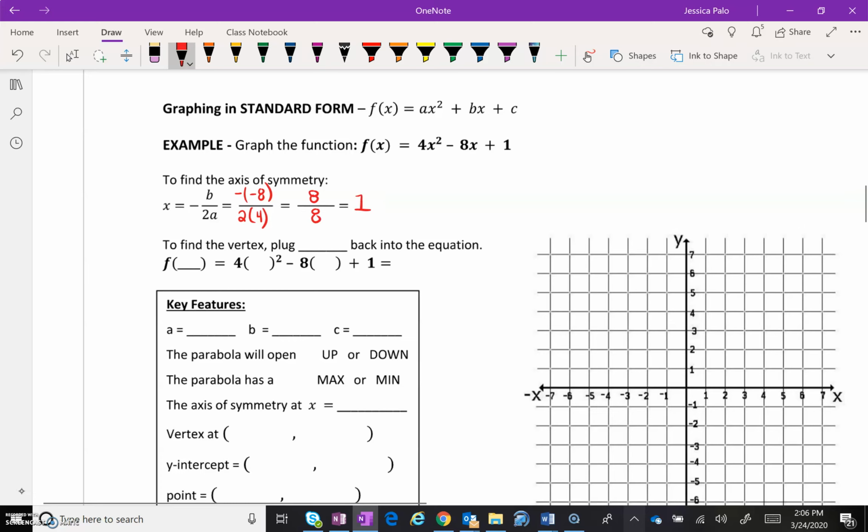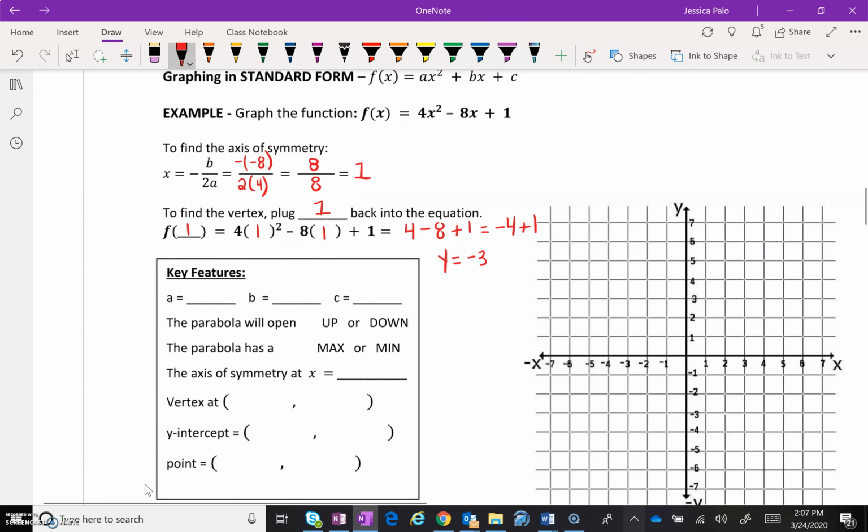So we need to find this vertex by plugging 1 back into the original equation. So we have f of 1, 4 times 1 squared minus 8 times 1 plus 1 equals 4 minus 8 plus 1, which gives us negative 4 plus 1, which gives us y equals negative 3. So our vertex is (1, negative 3).